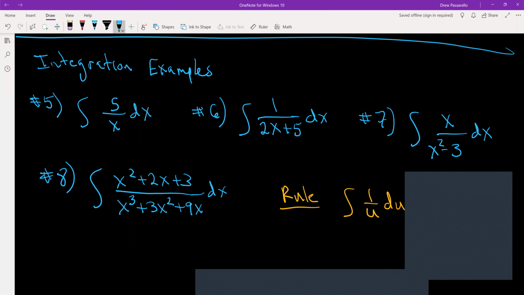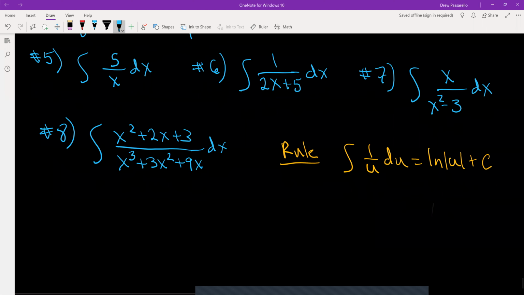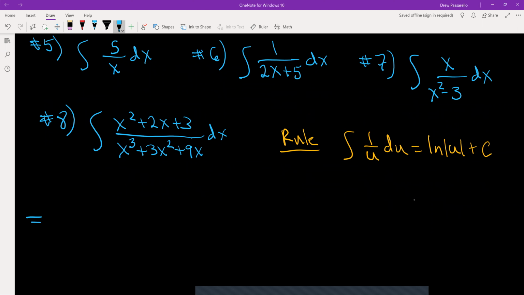All right, so these are the integration examples, and I'm using the rule that's in yellow, 1 over u du equals the natural log of the absolute value of u plus c. So number 5, what I would do is factor out the 5 in front of the integral.